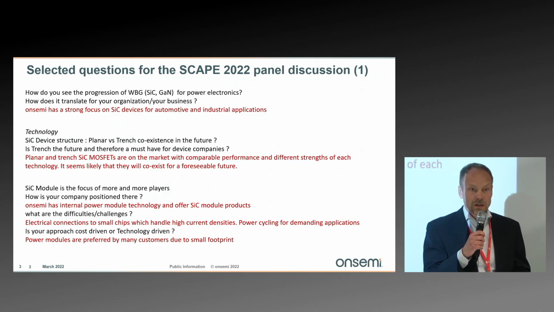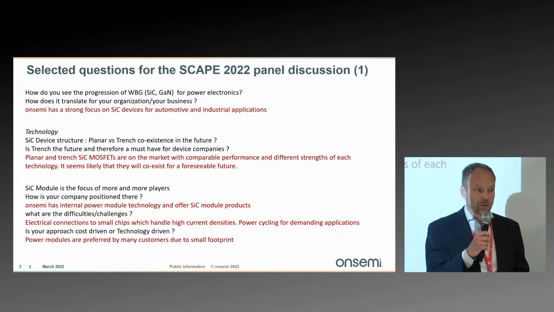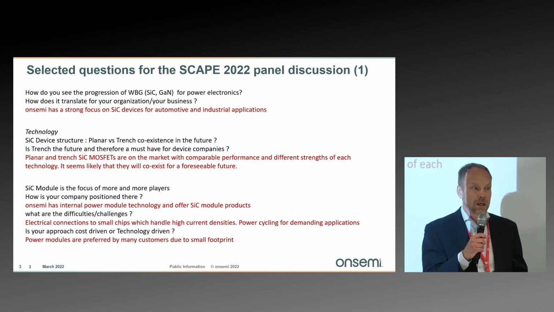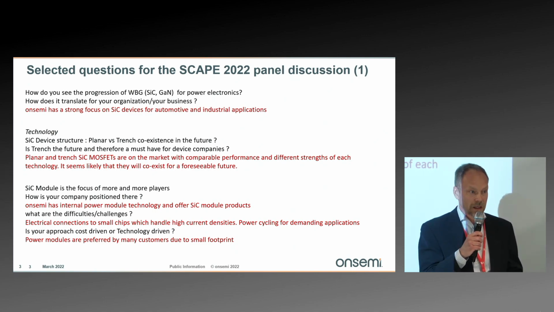And challenges here are to get electrical connections to small chips that operate at very high current densities, especially in new generations and lower voltage ratings, so going to clips instead of wires, and also power cycling capability. And cost or technology-driven power modules are preferred, often due to small footprint, easy manufacturing.